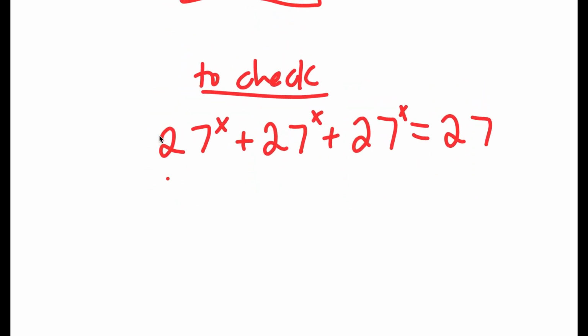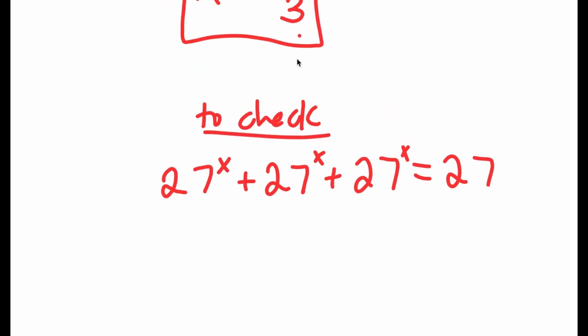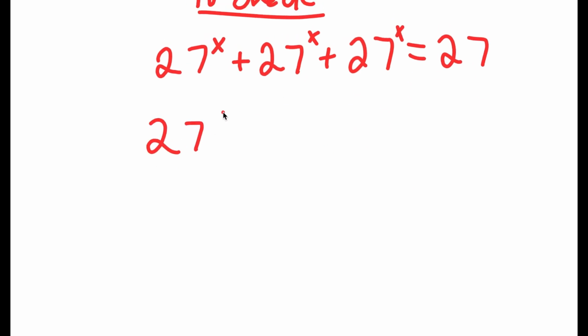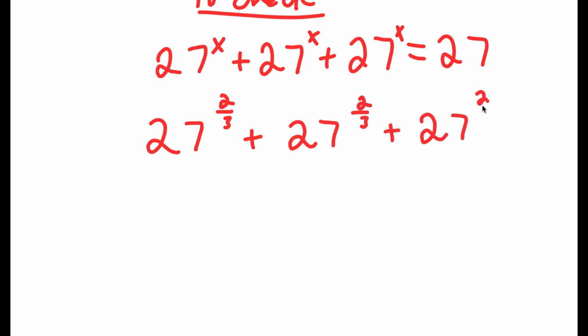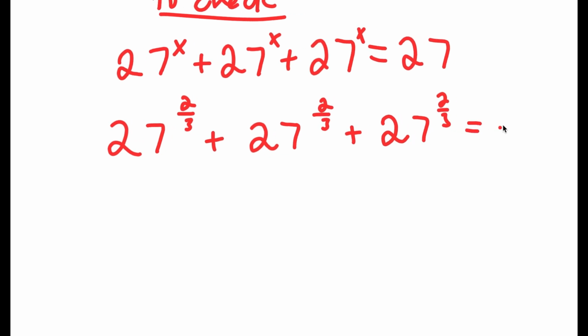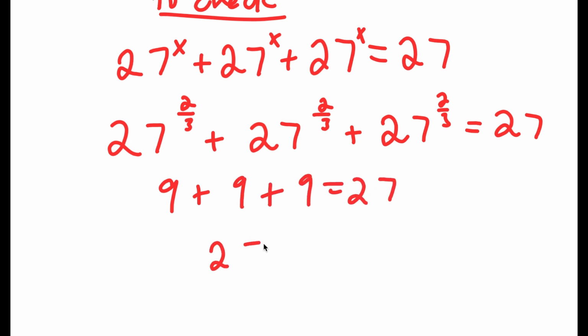So now if I take the power of 2 over 3, I have 27 to the power of 2 over 3 plus 27 to the power of 2 over 3 plus 27 to the power of 2 over 3 is equal to 27. Now, 27 to the power of 2 over 3 is the same thing as 9, so I have 9 plus 9 plus 9 is equal to 27, and this means that 27 is equal to 27.